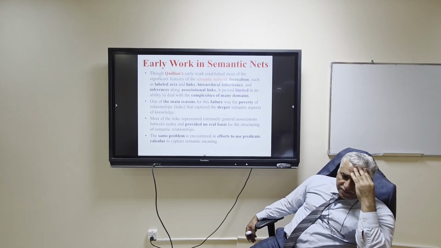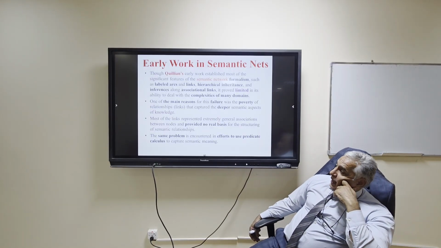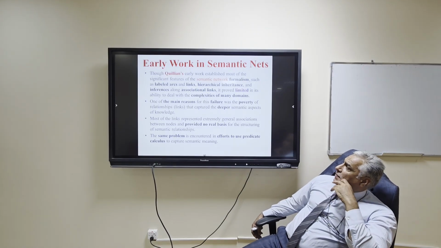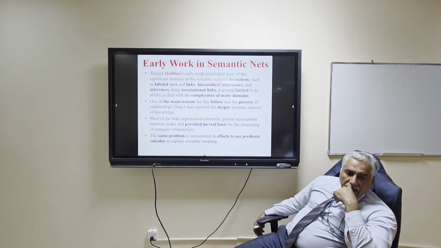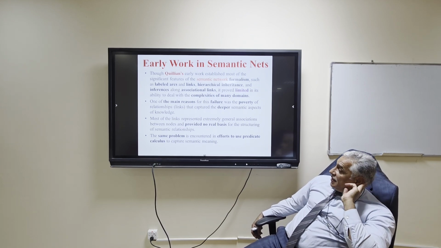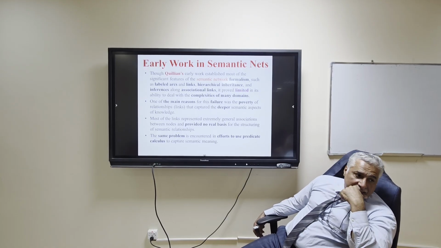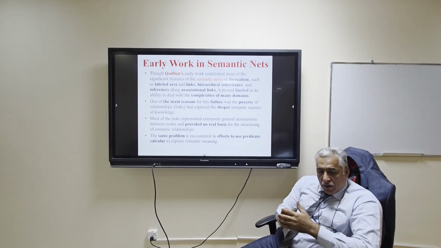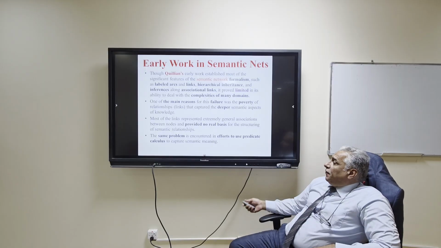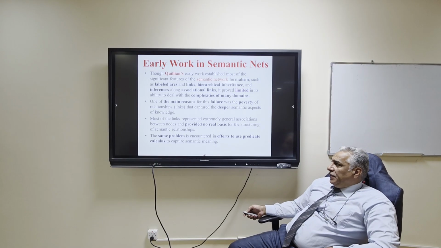One of the main reasons for this failure was the poverty of relationships, that is links, that capture the deeper semantic aspects of the knowledge. Most of these representations used extremely general associations between nodes and provided no real basis for structuring semantic relationships. The same problem is encountered in the effort to use predicate calculus to capture semantic meaning.